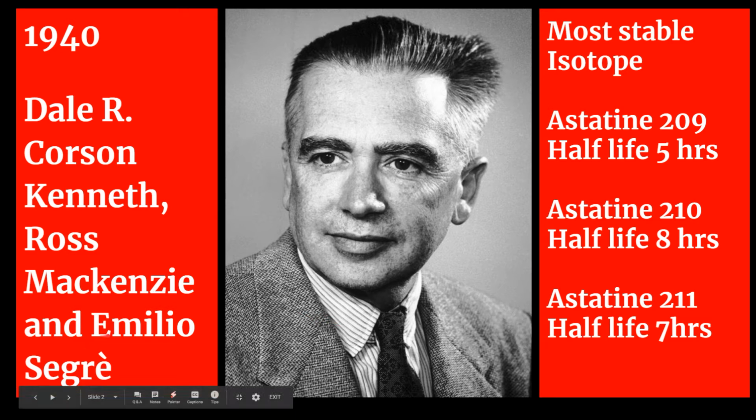His name was Emilio Segre, and he was an Italian physicist who had escaped from fascist Italy during World War II. They isolated astatine by bombarding bismuth with alpha particles in a device called a cyclotron.